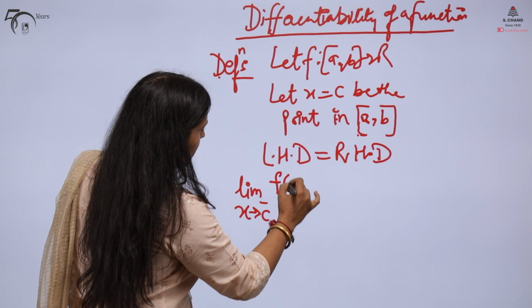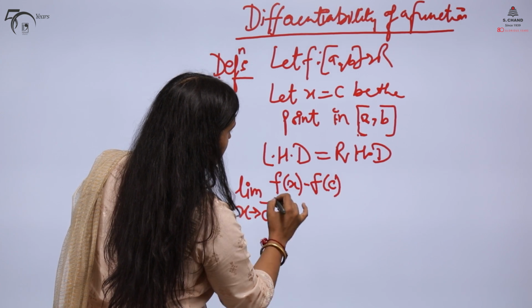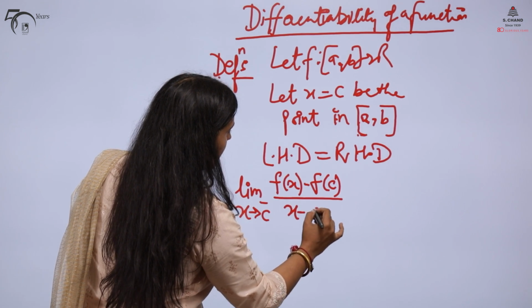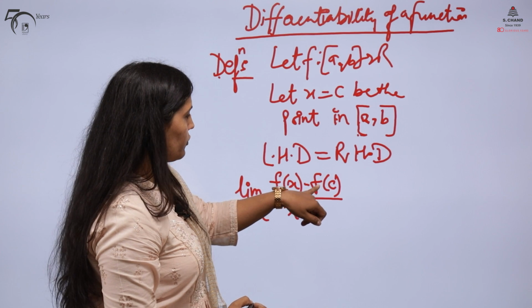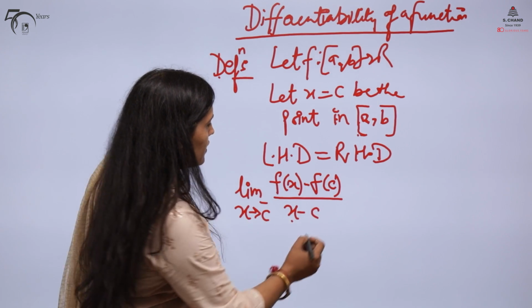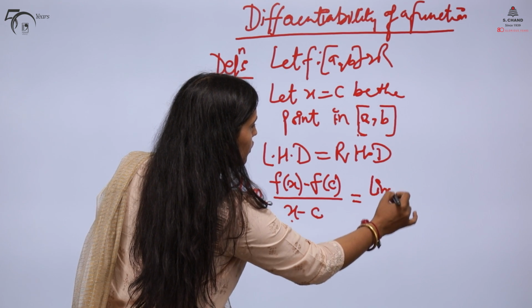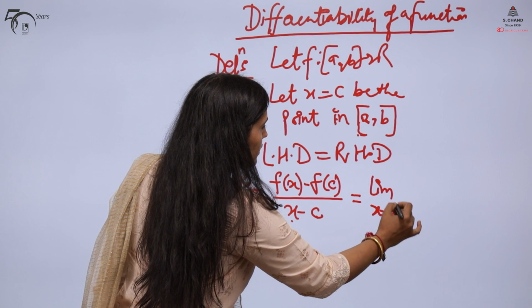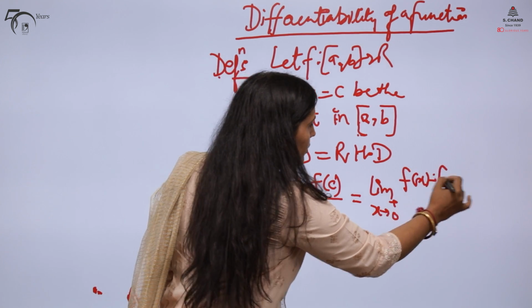Just be careful, in limit and continuity it was different, but for derivative the definition is this. It means the function and the value of the function at that point, and the difference x minus c in the denominator. This should be equal to the right hand limit, x tending to c from the right, just approaching the right hand side of the point.